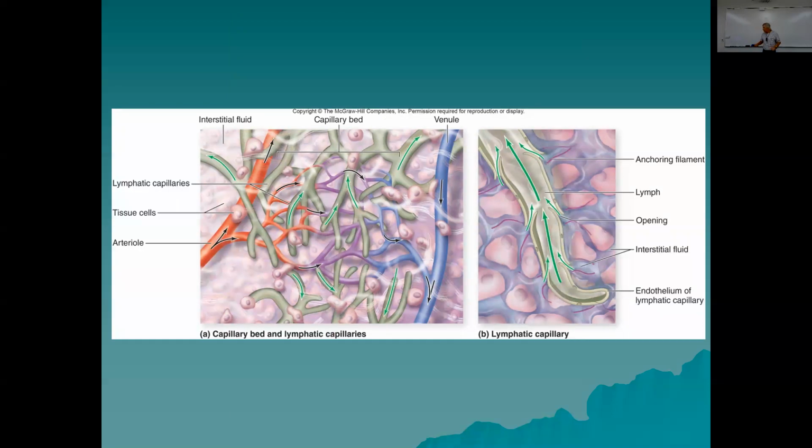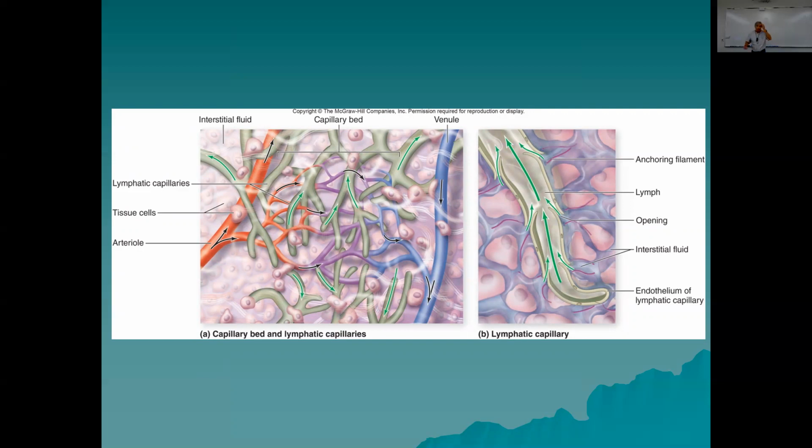And they have quite large openings between the cells that line them, simple squamous epithelium, like blood capillaries, and there's bigger spaces between them than you find in blood capillaries. That becomes important later on when we get into lipid transport.